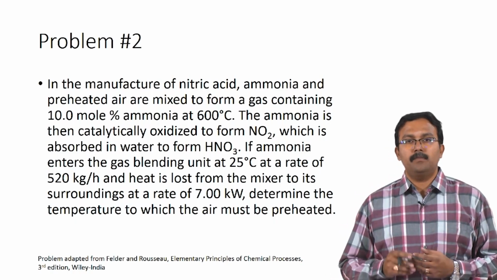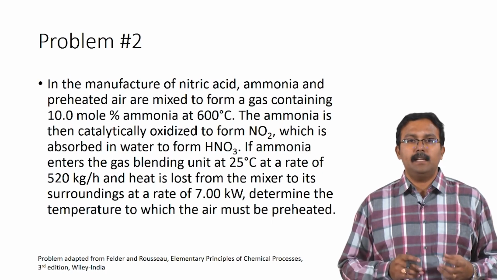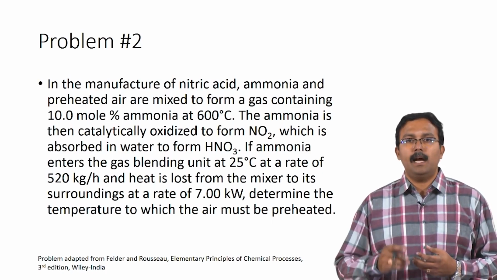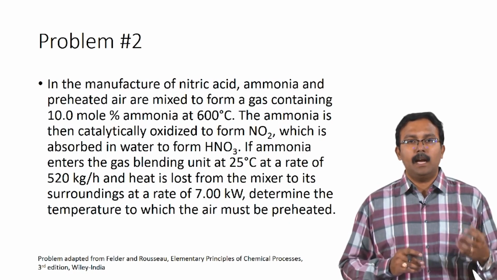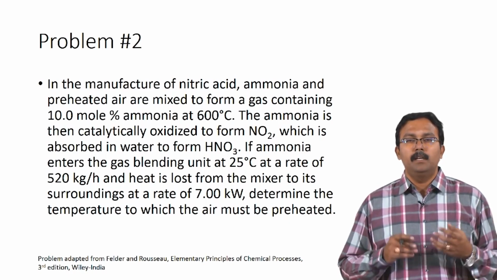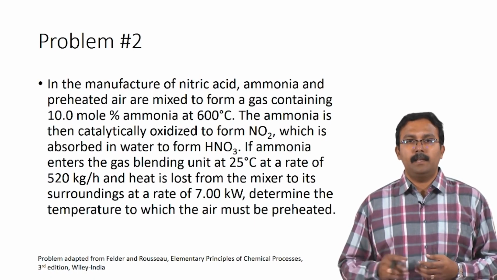So, here is the next tutorial problem. In the manufacture of nitric acid, ammonia and preheated air are mixed to form a gas containing 10 mole percent ammonia at 600 degrees Celsius. The ammonia is then catalytically oxidized to form NO2, which is absorbed in water to form nitric acid.